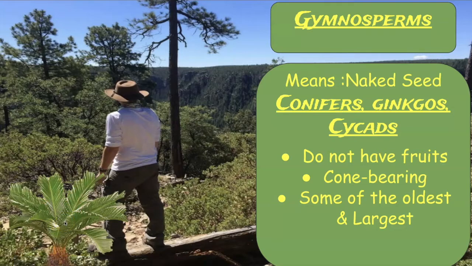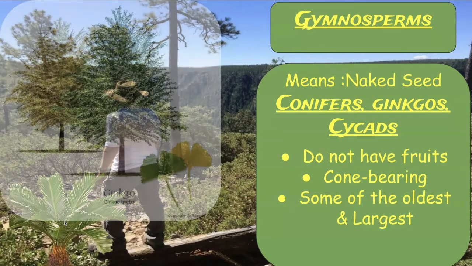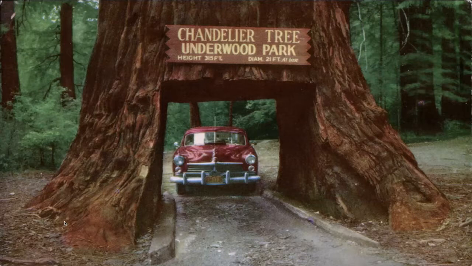Another characteristic about these gymnosperms is they're some of the oldest and largest plants on Earth. And what do I mean by that? Some of them are so large you can literally drive a car right through the middle of it. These are things like your redwoods and your sequoias, these giant trees that can grow over 200 feet tall and have this huge diameter.